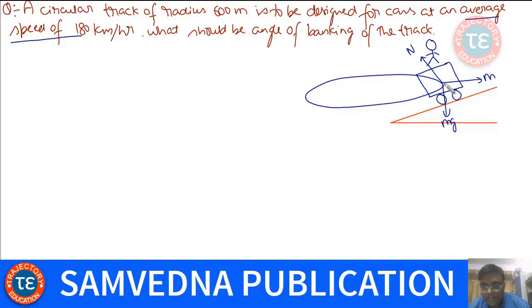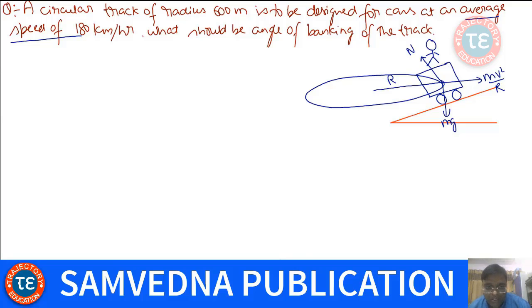All right, it has to take turn like this. So on this side, this is track, radius of the track, which is say r, and r is 600 meter. This is mv square by r, and in order to prevent from skidding, we'll have a component of n which will balance mv square by r.